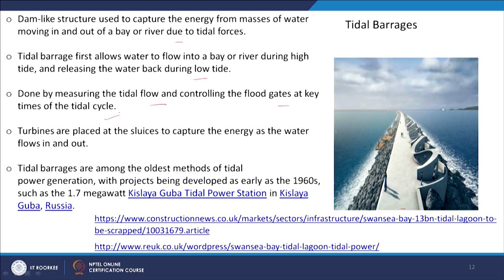So, in the tidal cycle we have to control the floodgates, and turbines are placed at the sluices to capture the energy as the water flows in and out. Tidal barrages are among the oldest methods of tidal power generation, with projects being developed as early as the 1960s. That was in Russia, where 1.7 megawatt of energy was produced.